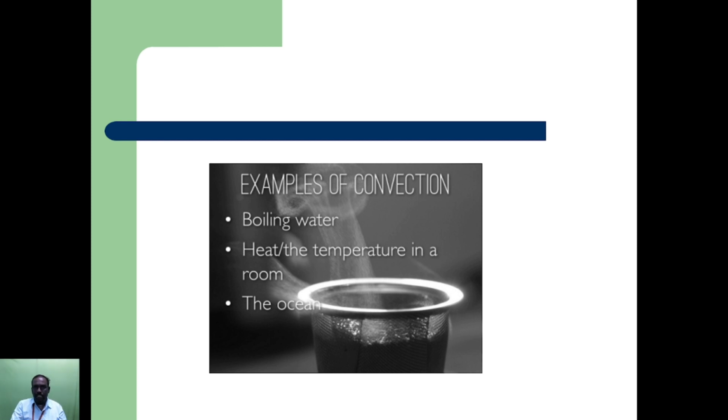In even 10 minutes the water will be boiling. That normal cold water boils with a high amount of energy, and vapor automatically passes over the surface. So this is one of the examples of convection because fluid motion is available.